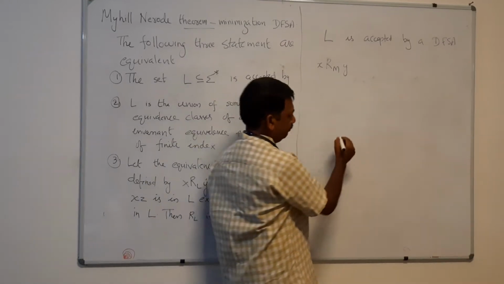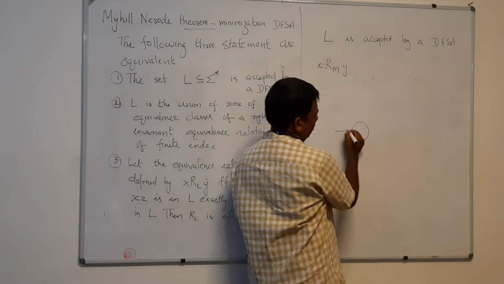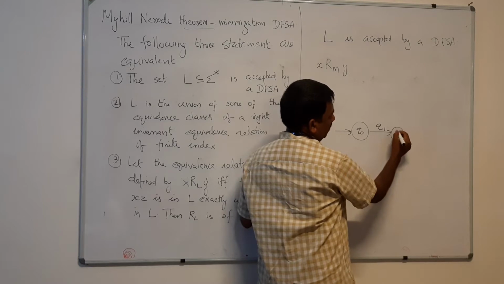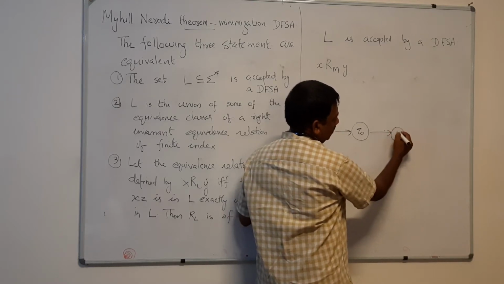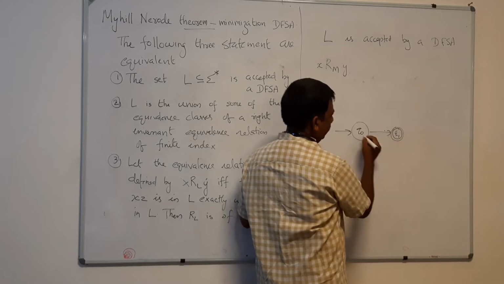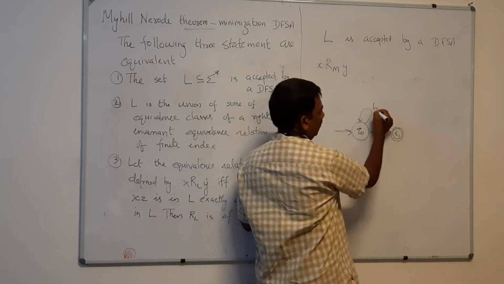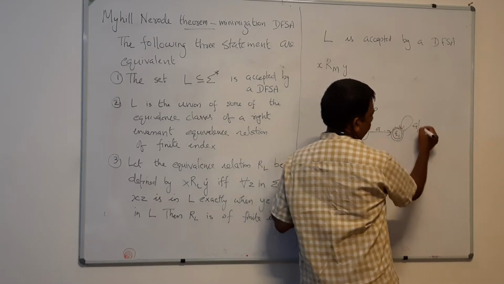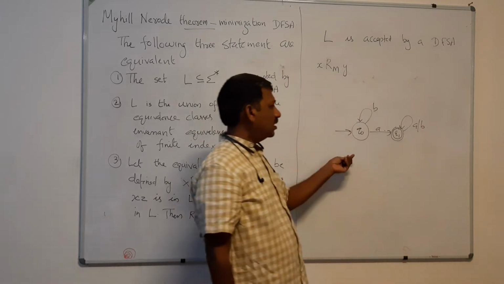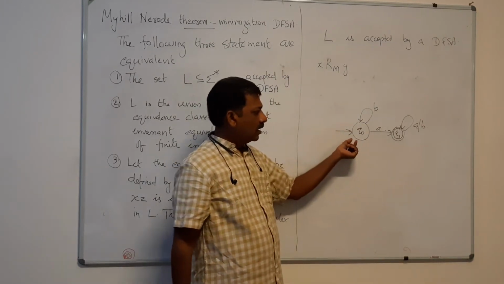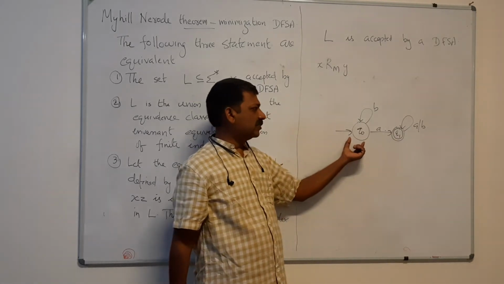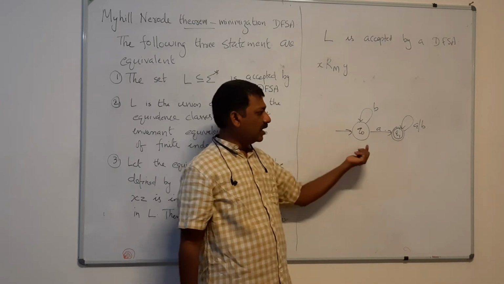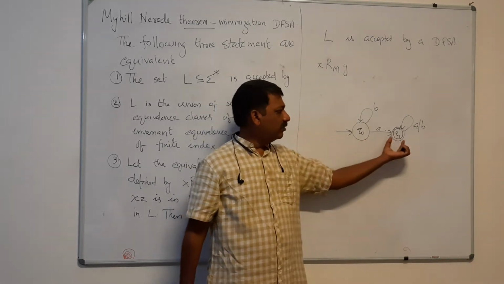Suppose that you have, say, q0 and q1. Suppose that this is a language. The language accepted by this is, if the given input has at least one single a, it will be accepted.